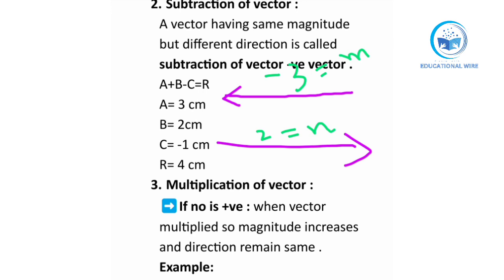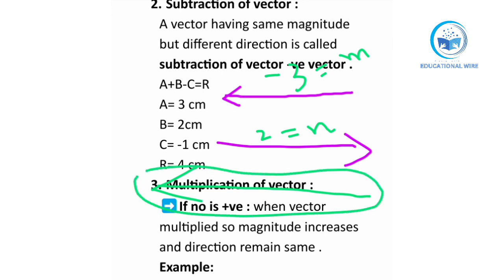So how will we make the diagram of that one, -6? The magnitude also increases and the position changed from right to left hand side, like we have done in the subtraction of vector over here: the same magnitude but a different direction, or opposite direction.